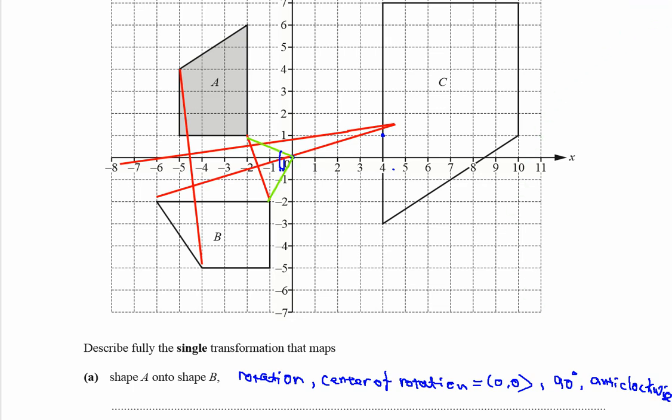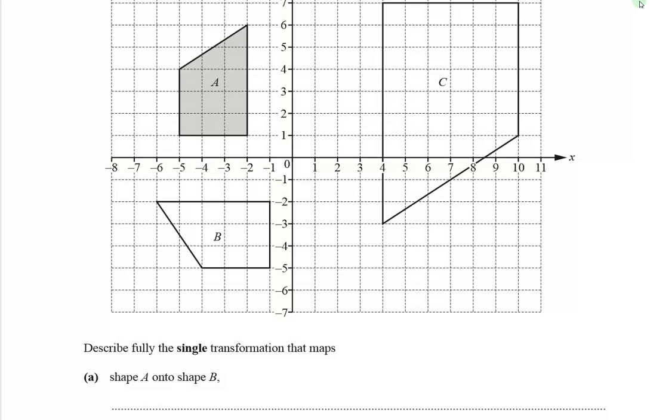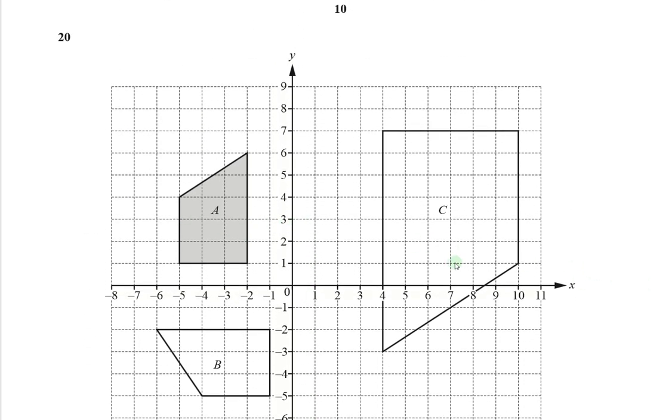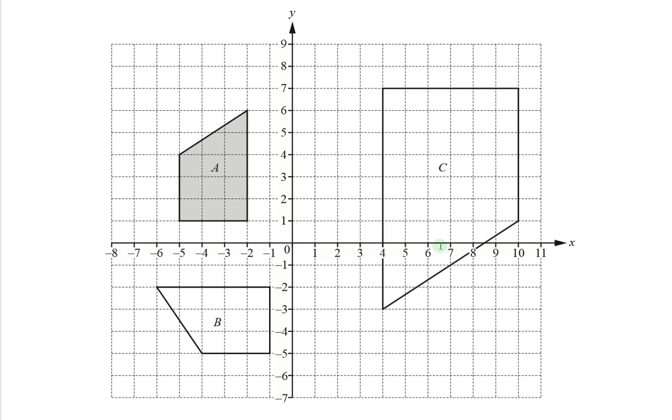Okay, now the next one is A to C. A to C. Okay, now first there is a change in the size. If you change the size, then definitely it is enlargement. Now to describe enlargement fully, you have to find the scale factor and the center of enlargement. Now let's draw the corresponding point here.